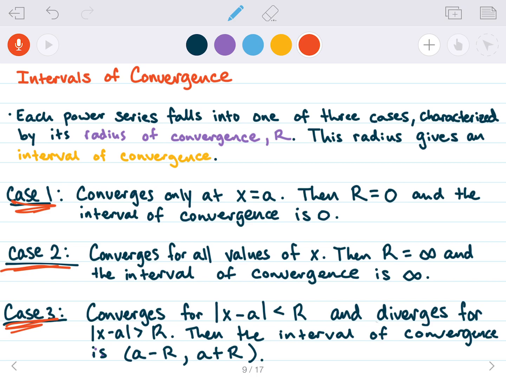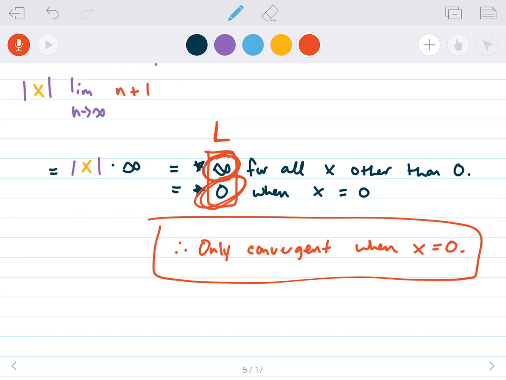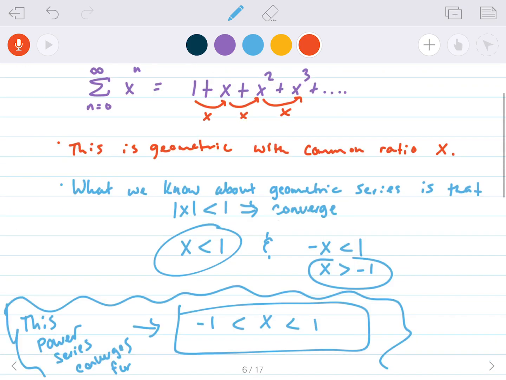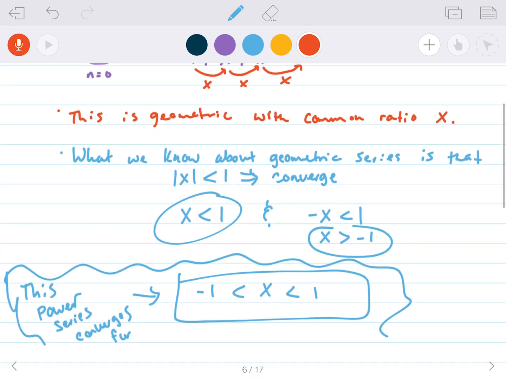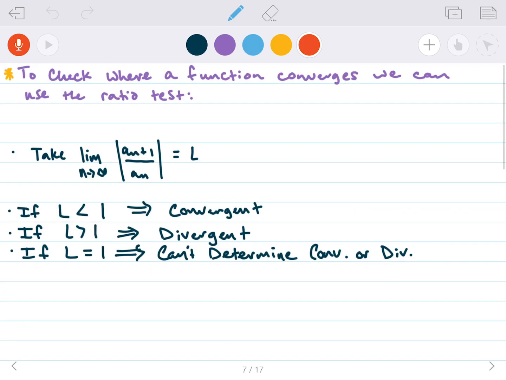I'm going to show you guys what I mean in a bit, but we already took care of case 1. We actually did case 3, right? Because case 3 was this guy. We said it's going to converge when x is bigger than -1 and less than 1, so it's bounded between those two guys. So that's case 3, when it's bounded between two real numbers as opposed to just being like negative infinity to positive infinity.